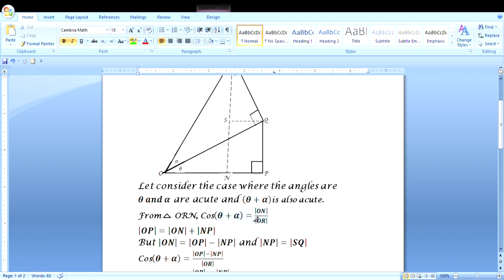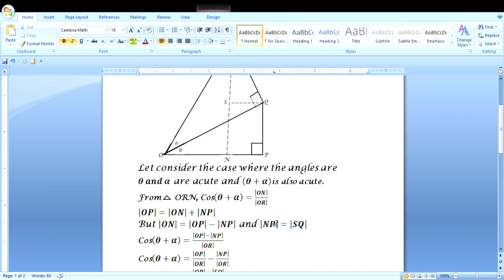So it means that cos theta plus alpha is equal to the line ON divided by the line OR. Then the line OP is the sum of the line ON and the line NP. So it means ON lies between OP. For us to obtain the line ON, we make ON the subject of the formula, so that the line ON is equal to the line OP minus the line NP.